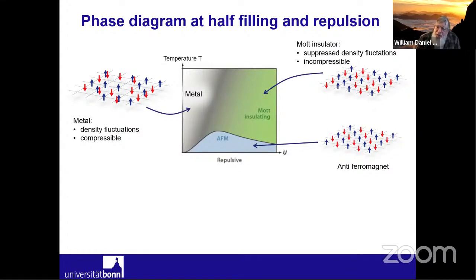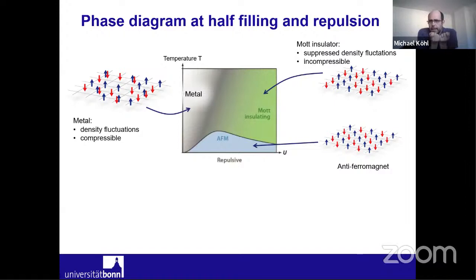Think about it this way: the metal to Mott insulator crossover is actually not the real deal, because it's very simple to see that the Mott insulator cannot be the ground state because it has a huge amount of degeneracy. You could exchange a lot of these spins and nothing would change in the total picture. So this is not a unique ground state, but it is an excited state.